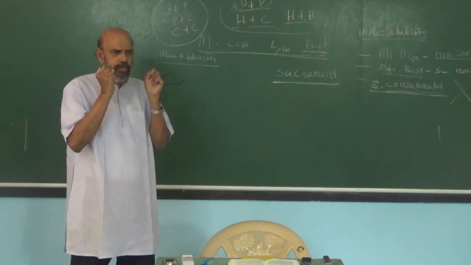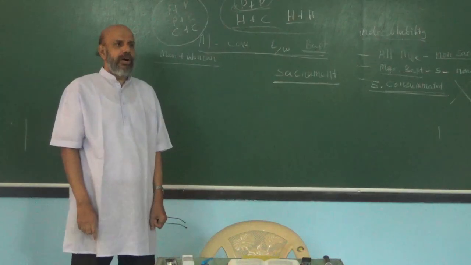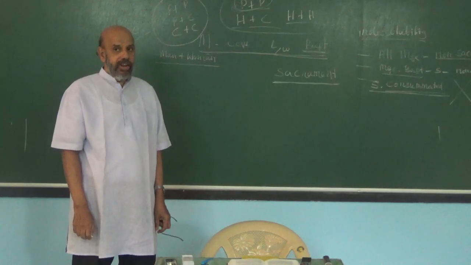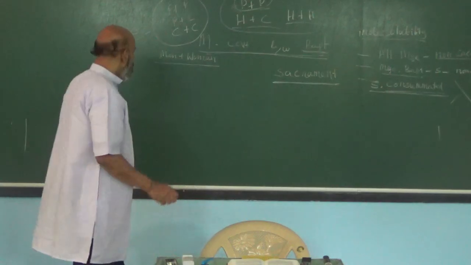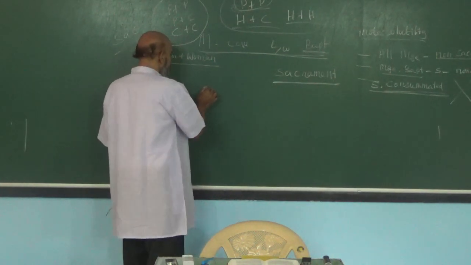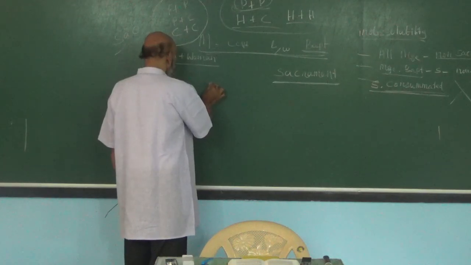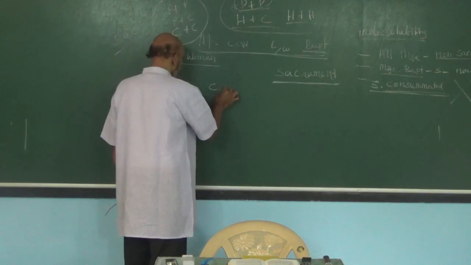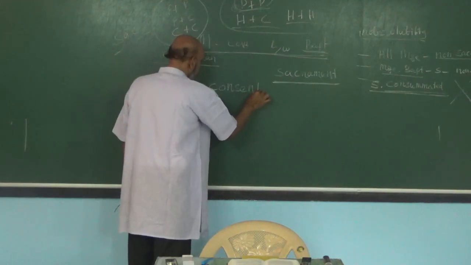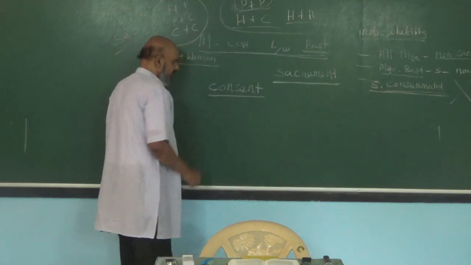Now I come to the most important point of this course. What is required for a valid marriage? The first one is consent. Valid consent is needed.